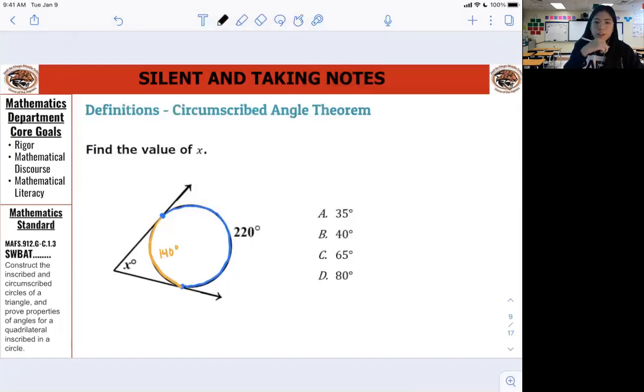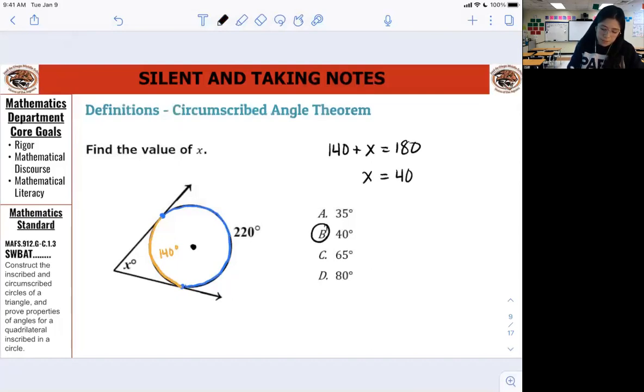If that's 140, how do we get to our final answer? Good. They have to add up to 180. So x is going to be 40.